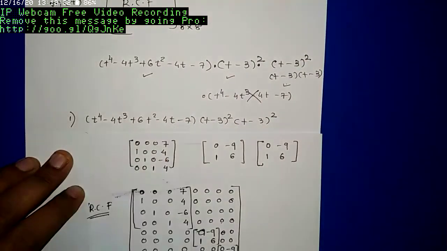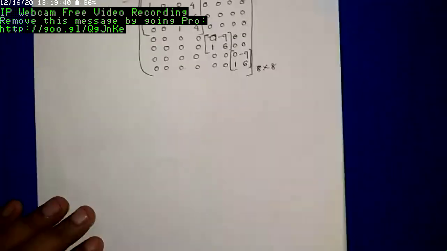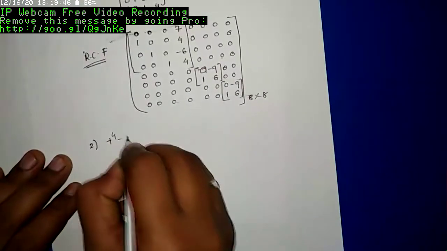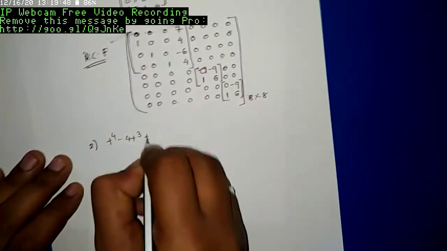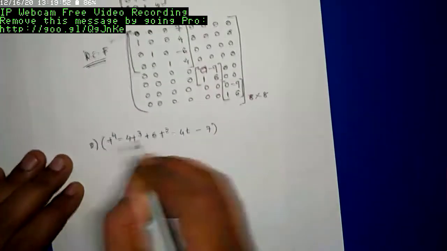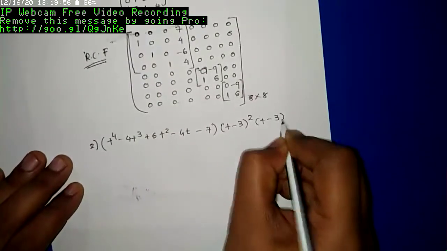Now there is another possibility of your invariant factors, which is t raised to 4 minus 4t cube plus 6t square minus 4t minus 7, (t minus 3) square, t minus 3, t minus 3.